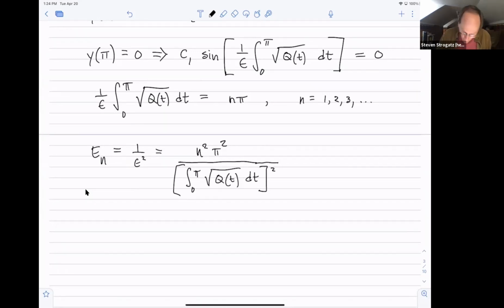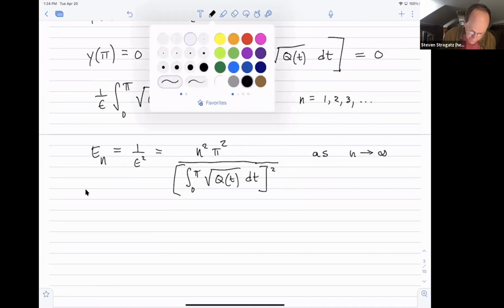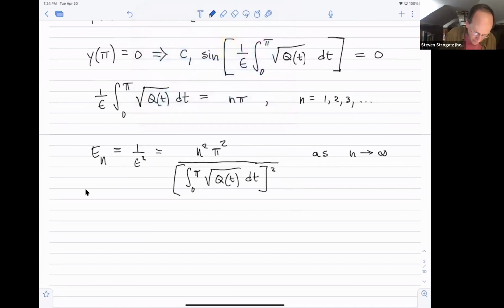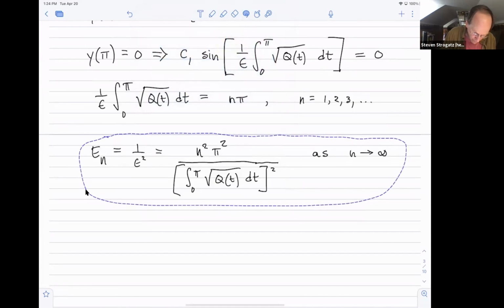There. And so we expect this should work as n goes to infinity, because that was the regime where it's valid to be using WKB. That's a small epsilon regime. So that's a nifty calculation for the eigenvalues of this Sturm-Liouville problem. Maybe I'll put that in a box. Actually, let me drag it to where it's a little near the top of a page. Put it there.